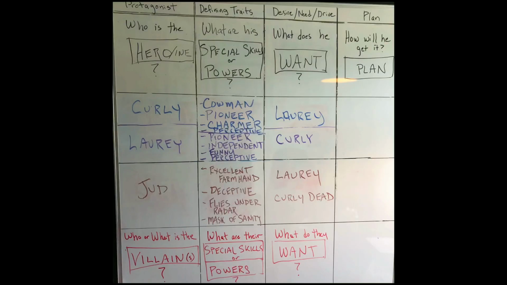So let's go to the whiteboard for our chart. So who's the hero? Well, Hugh Jackman, that is Curly. And since it's a romance, we have an equal heroine who is Laurie. And the villain is the farmhand, Jud Fry.